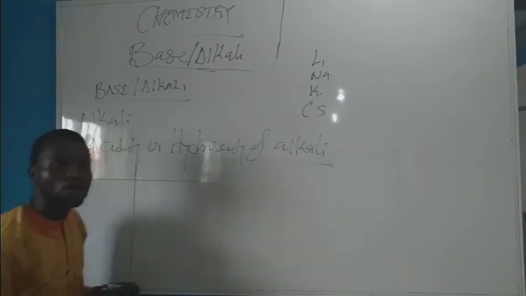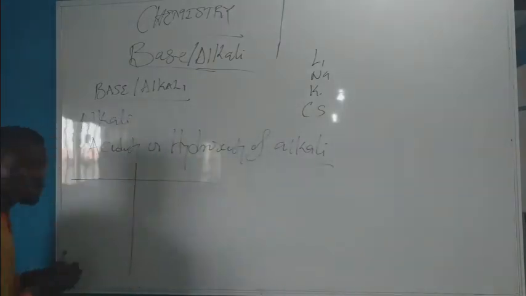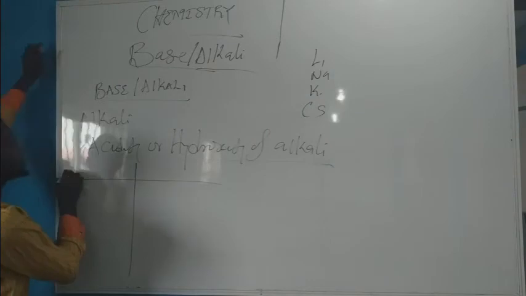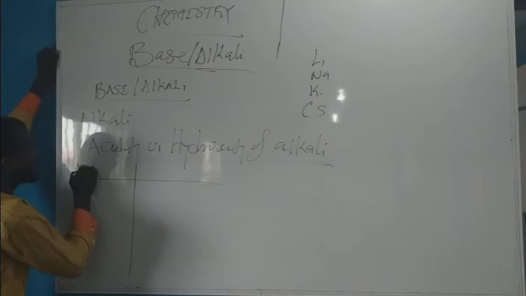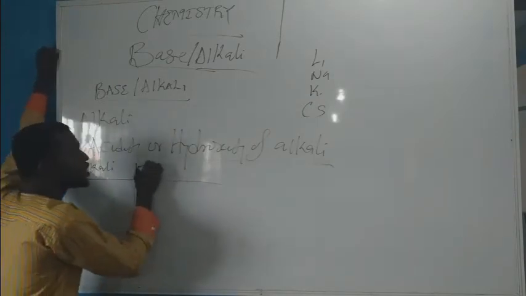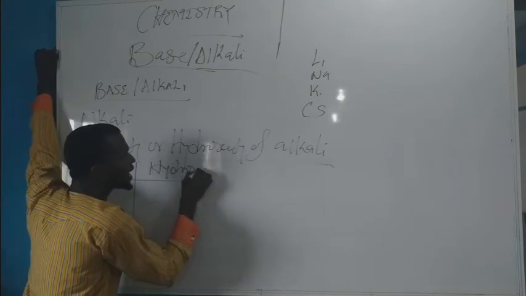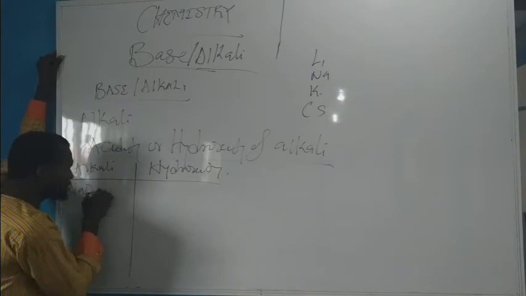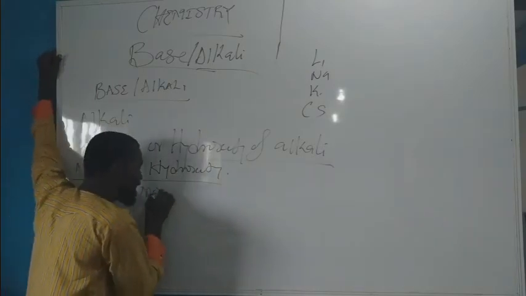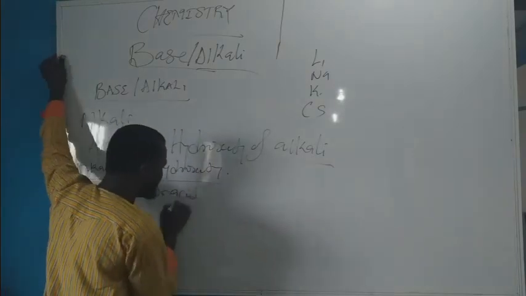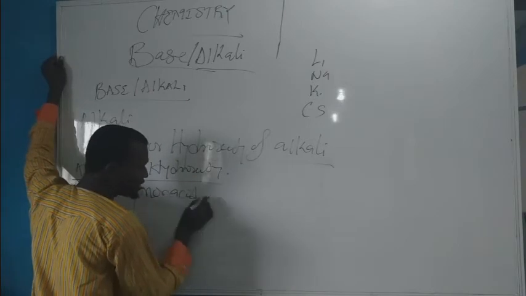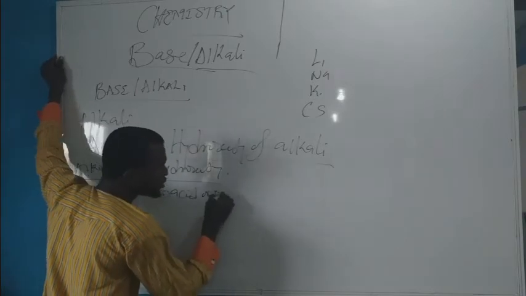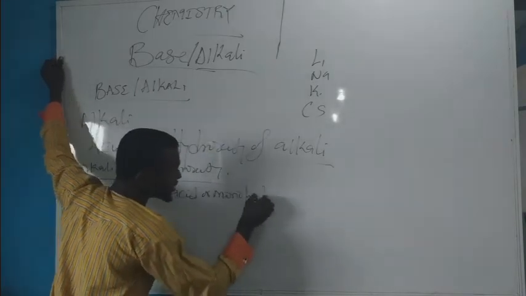Now, I'm going to give you an example. I'm going to summarize the whole information in the form of a table. So this is going to be alkaline and what? Hydrosity. Now, sodium hydroxide is said to be monoacid or monohydrosic.